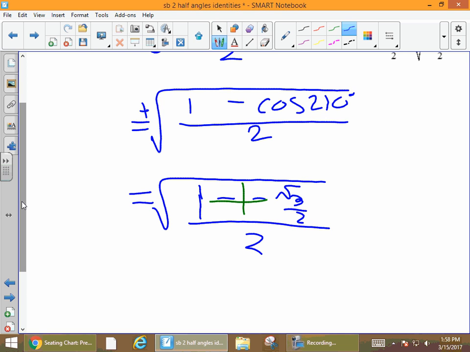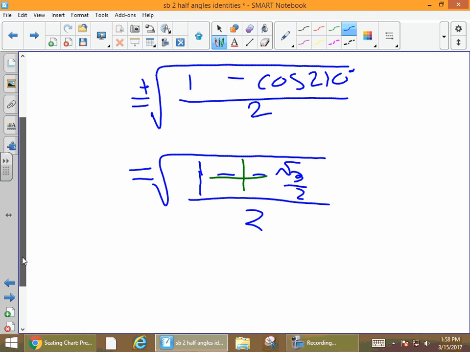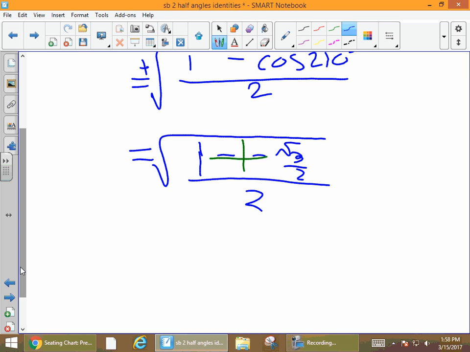Is there any way we can simplify this numerator of this fraction? Sorry, Tracy, do you need to scroll up? You're fine. We could, yeah. So what do we need to do in order to combine these? We need a common denominator.